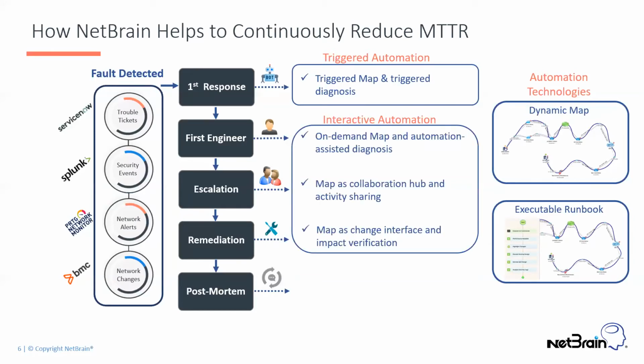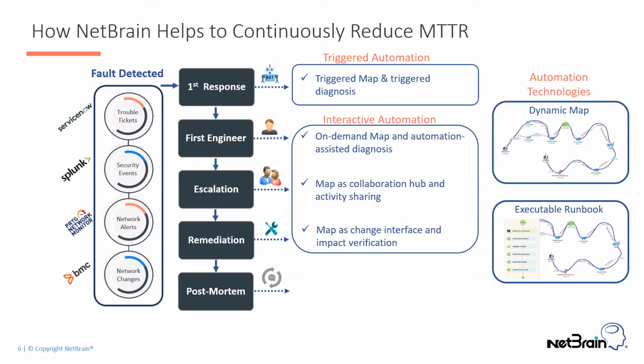Next, when the first engineer arrives on the scene, they can evaluate what's already been done by the system. And they can leverage NetBrain's additional drill-down automation mechanisms to quickly pull in more data, review baselines, and perform historical comparisons to isolate the problem. If escalation is required, all teams can now collaborate using NetBrain's shared view of the network to evaluate findings and share analysis in real time.